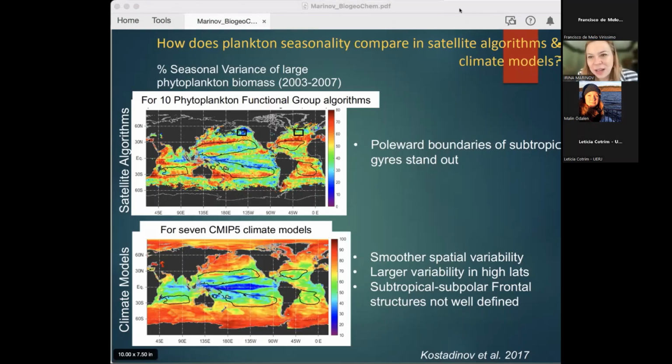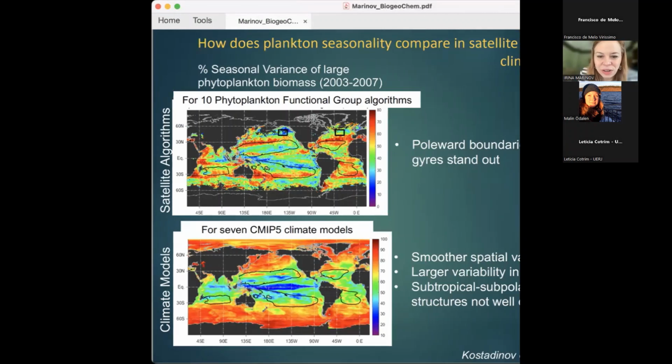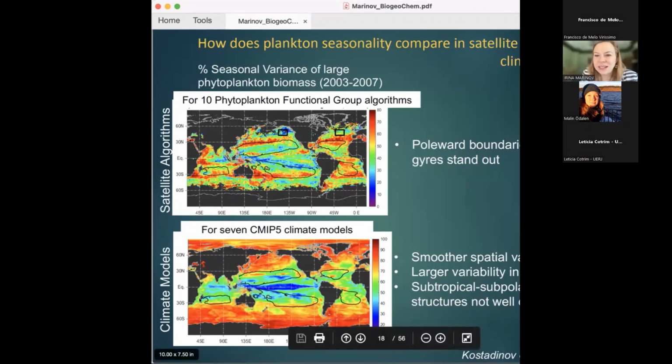Here are 10 different algorithms where we look at the seasonality of phytoplankton biomass, and on the bottom we look at a bunch of CMIP climate models. And what we see in general is that the climate models are way more seasonal than the satellite algorithms.